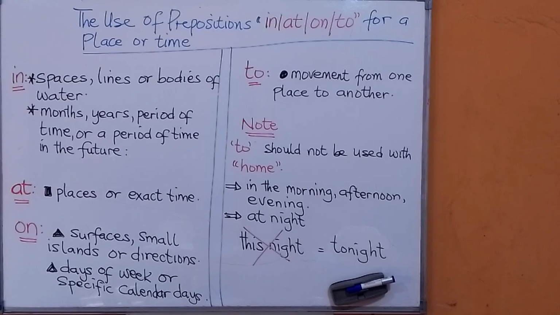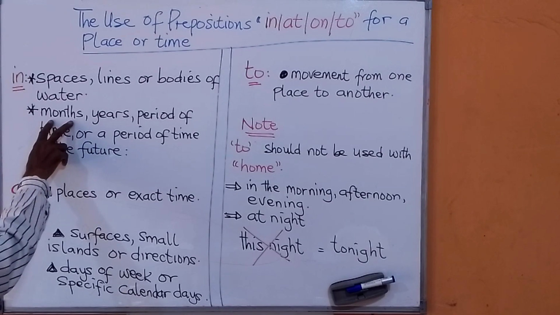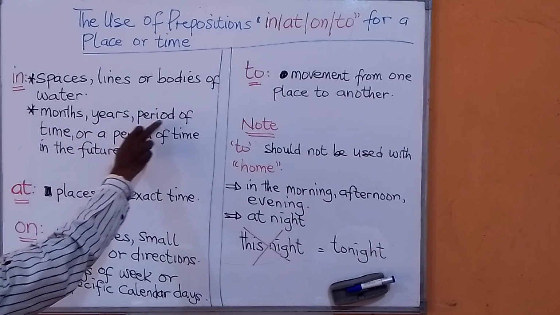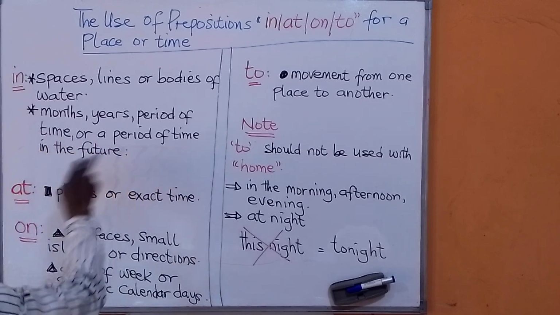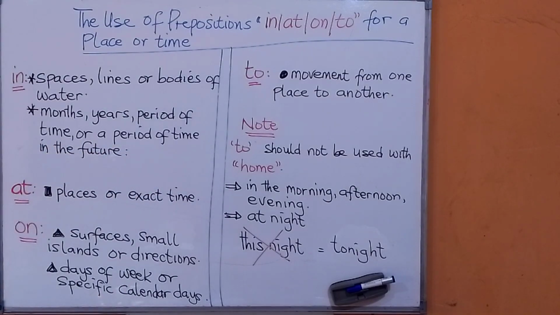Now, where else do we use in? We use in when we are talking about months, years, a period of time, or a period of time in the future. For example, you say, let us see in January. In May, I want to do this.